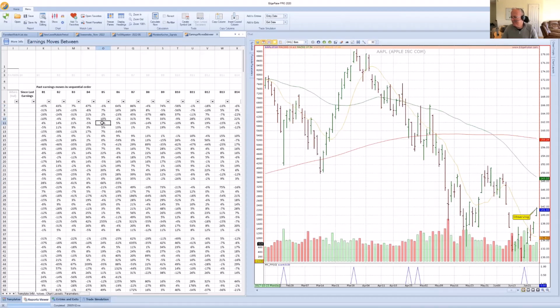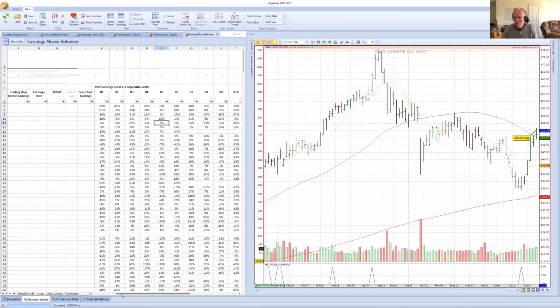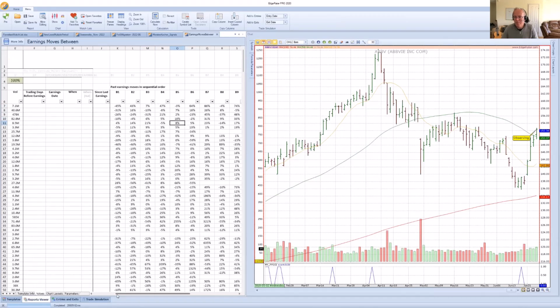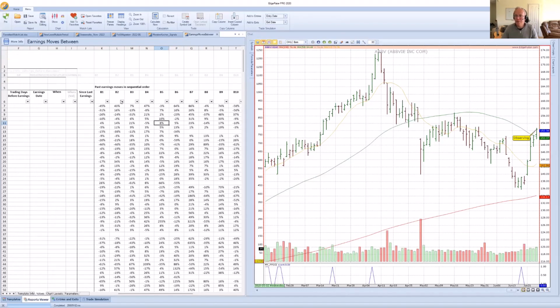Well, not really. It's not really the way I was going to show the data. But the idea was that it will show you how many trading days there are before earnings are due, what that date is, and what the prior moves were from the earnings. So this isn't the final thing, but it's an idea.